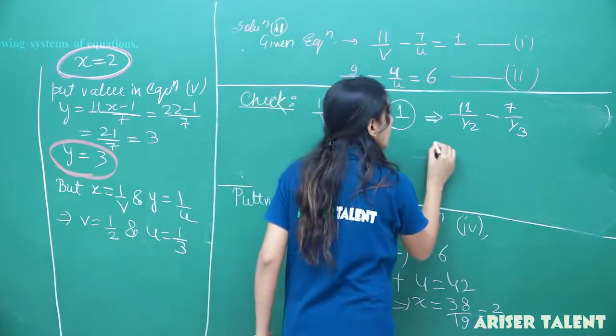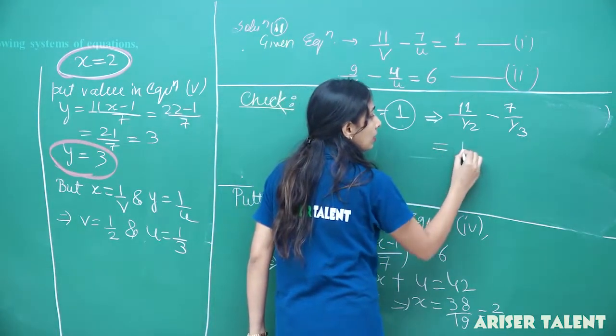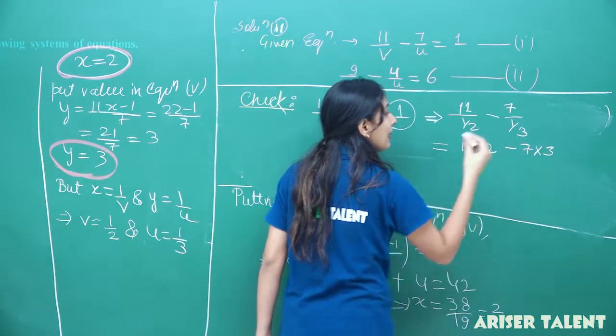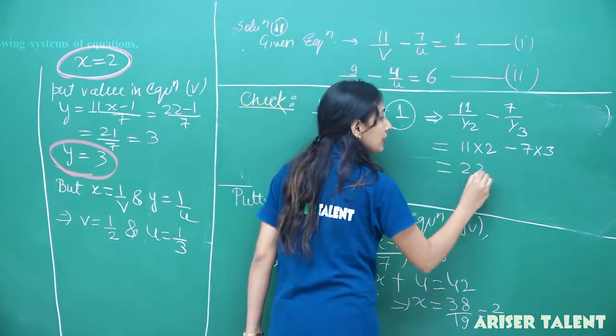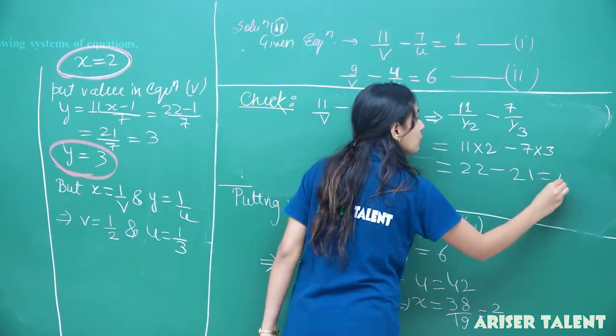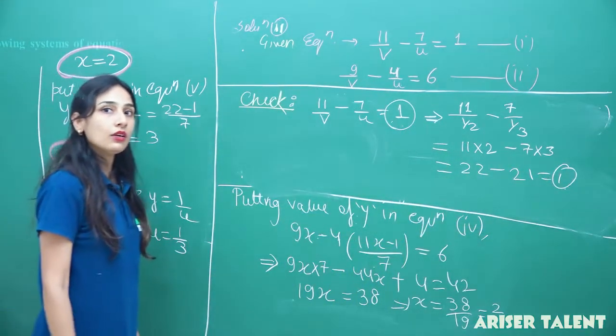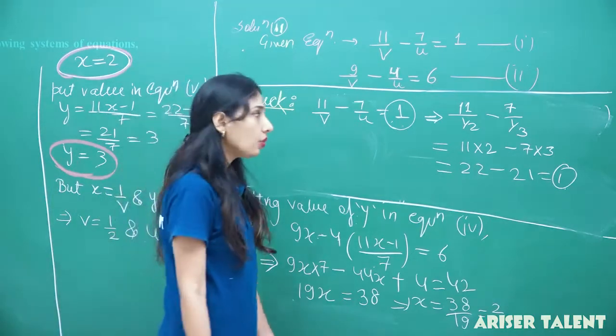Now let us find out. This is equals to 11 by 2 minus 7 multiplied by 3, that is 22 minus 21 equals to 1. Now 1 is equals to 1, okay.